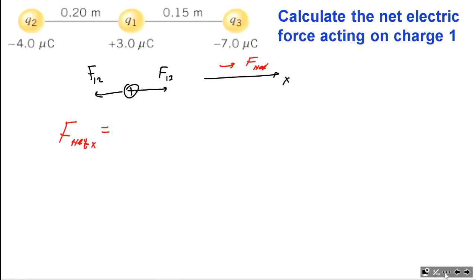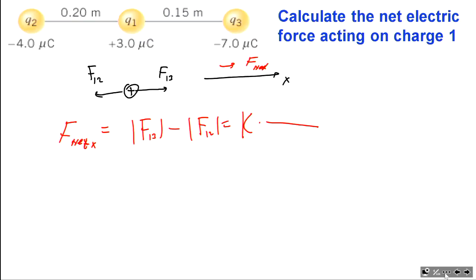How do I calculate it? Well, it has to be equal to the magnitude of a force directed to the right minus the magnitude of the force directed to the left. Now magnitudes. For each magnitude we have Coulomb's law. And Coulomb's law says to calculate magnitude we have to multiply several numbers.